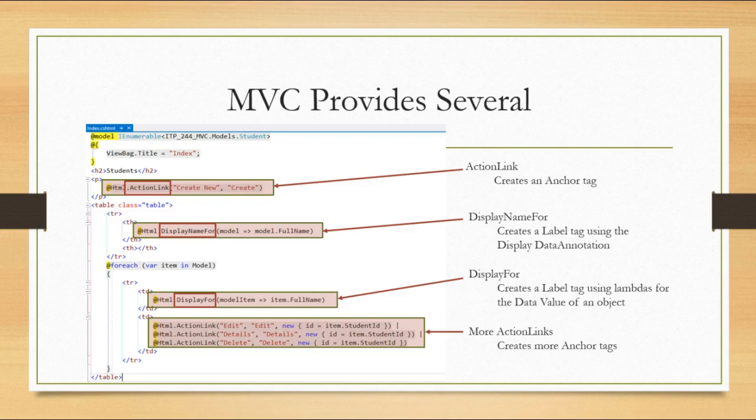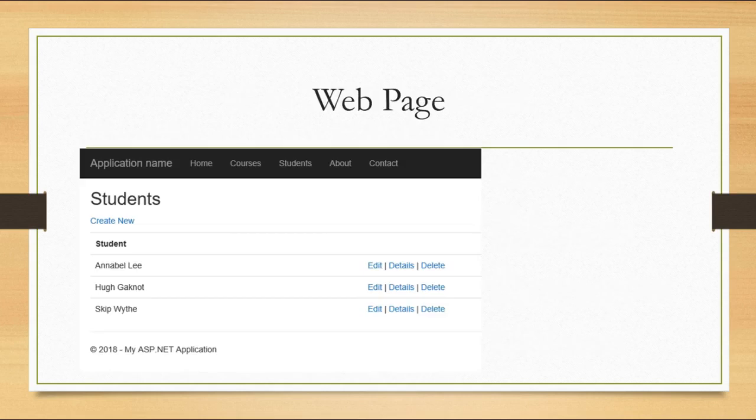So let's take a look at our web page to see what the result of this code is. So here you see our web page. We have three students. We have the create new link. We have the name, the title of the student column, which says Student, the three students, and then three sets of links. So here is the result of our action link from before.